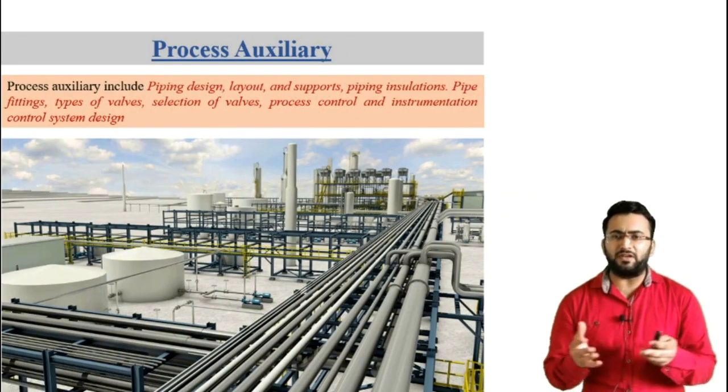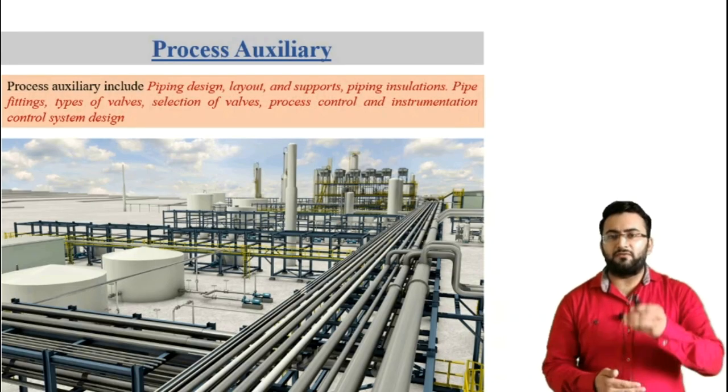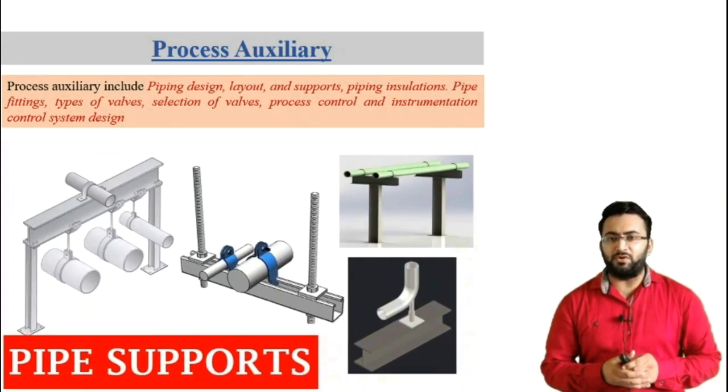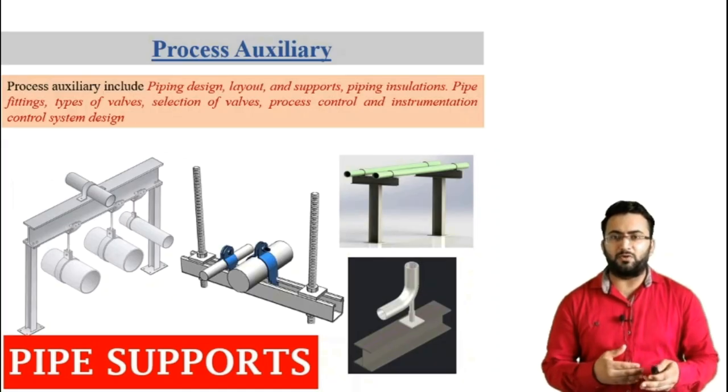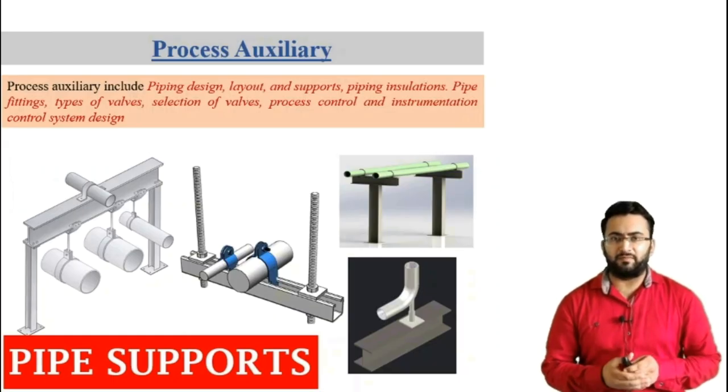Piping layout: various types of layout, such as horizontal layout and vertical layout. These layouts are considered in process auxiliary. Then various types of piping support, such as underground support, overhead support and on the road support. So these all types of support are considered in process auxiliary.